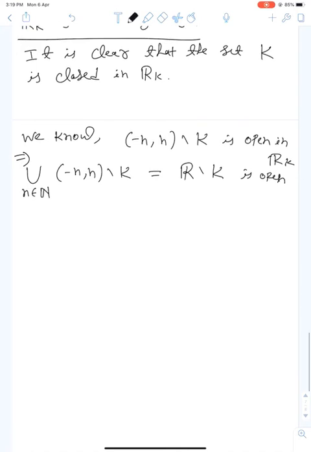That implies, since K complement is open, K is closed in RK.